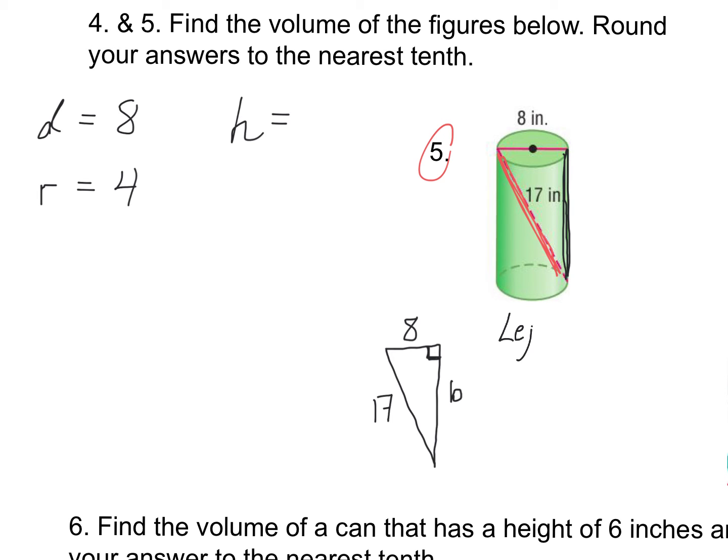So what I'm going to end up using, similar to what I did up above, is the Pythagorean Theorem. So we're going to have leg squared plus leg squared equals hypotenuse squared, and I'm just going to go back and fill in my information. So we have 8 and b for my legs, so we'll plug them in. And for my hypotenuse, it's going to be 17.